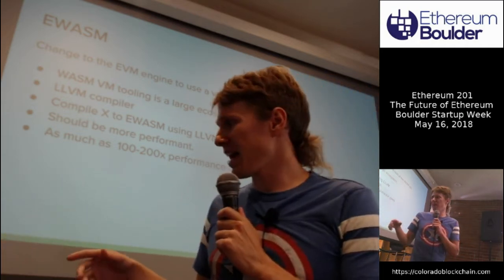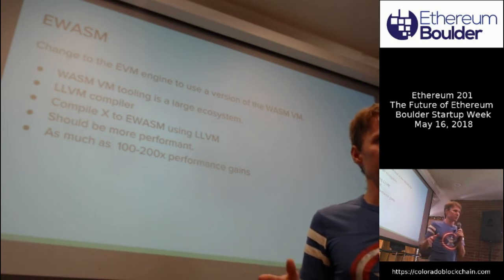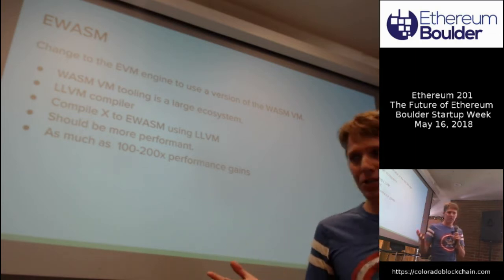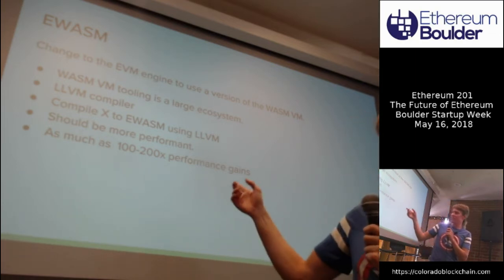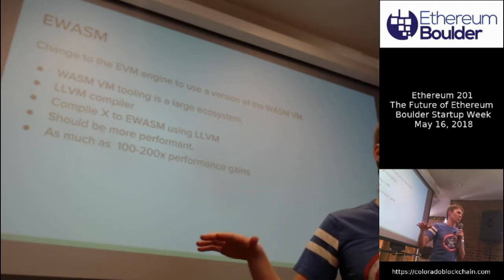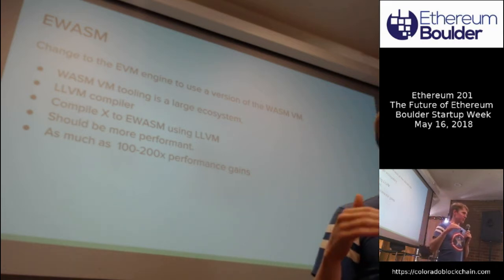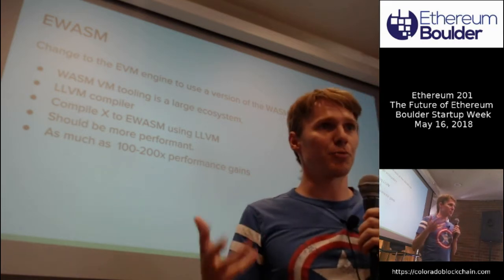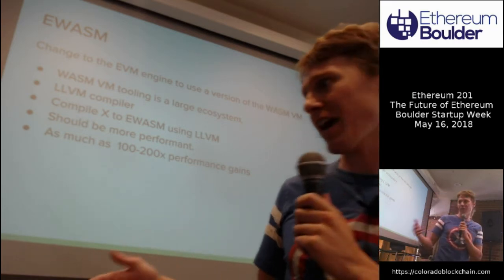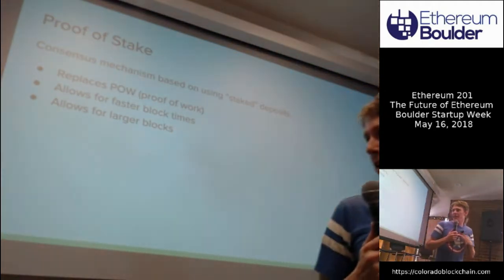It's hard to get numbers on these because all this stuff is in a research phase right now. But we could see some pretty serious speed improvements, and this applies to every application on the blockchain. So a 100 to 200 times speed improvement is a pretty significant improvement to how fast things can execute.